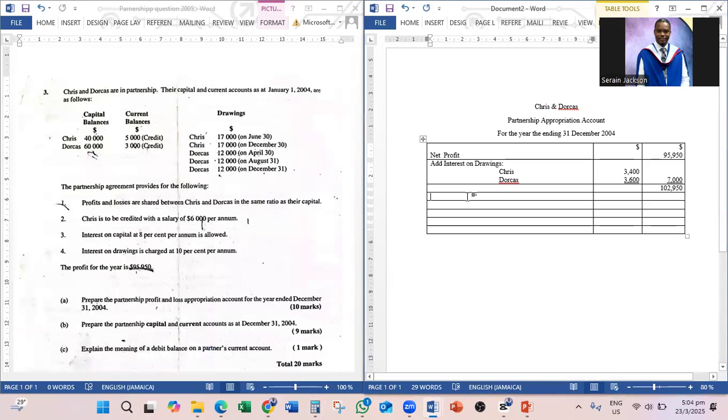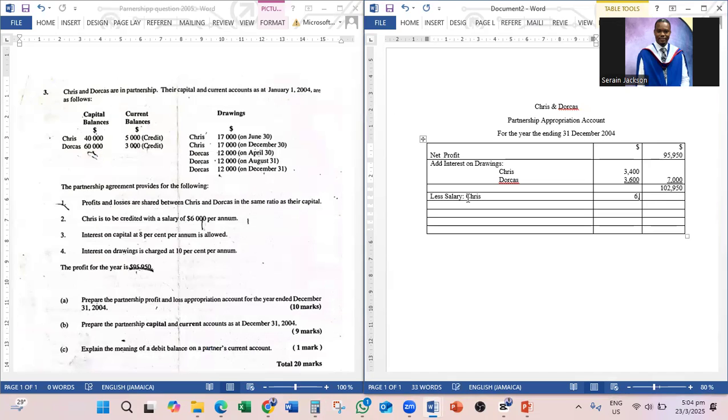The next item in the appropriation account, based on the format that you would have been shown, is less salary. We were told that Chris is to receive salary, so we less salary, and this salary is for Chris, and it is $6,000, right?